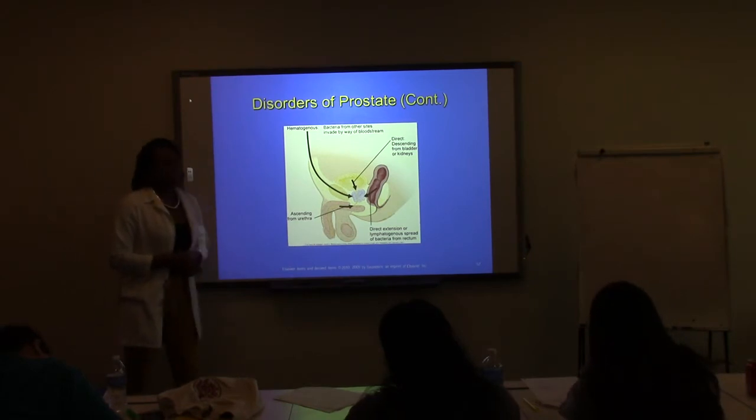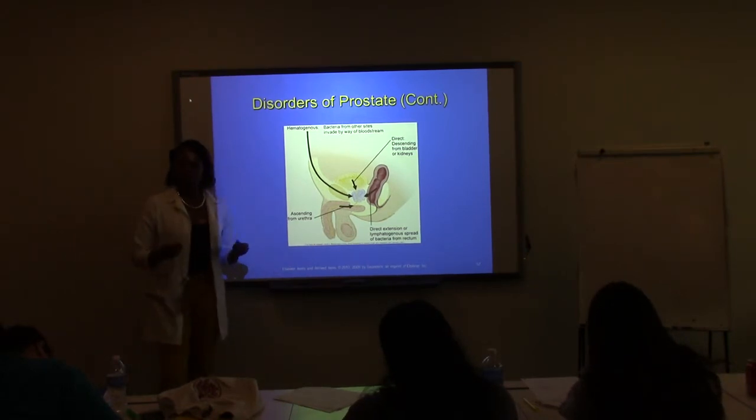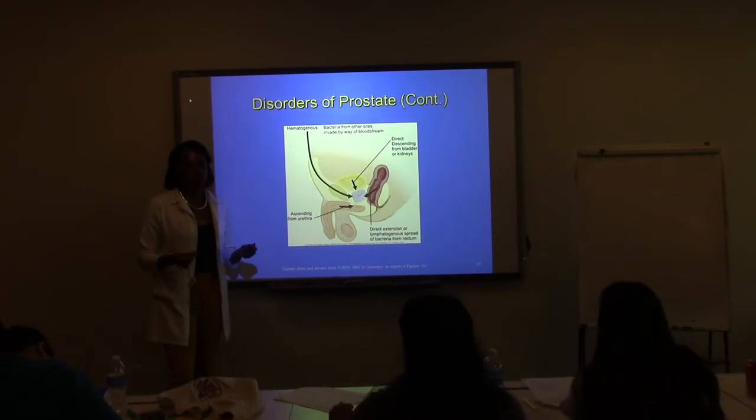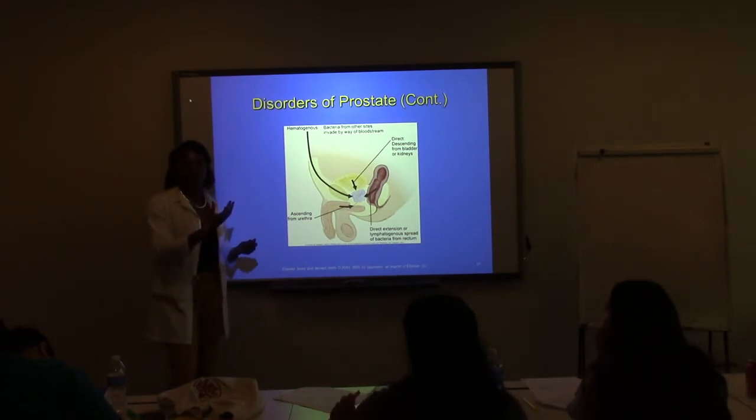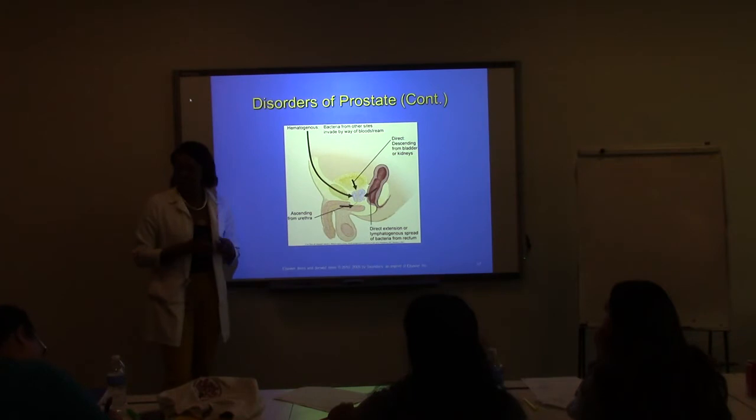What are some scenarios that can cause an infection? Let's say some sort of organism getting through the rectum and maybe extending over to the prostate gland. STDs, very good.